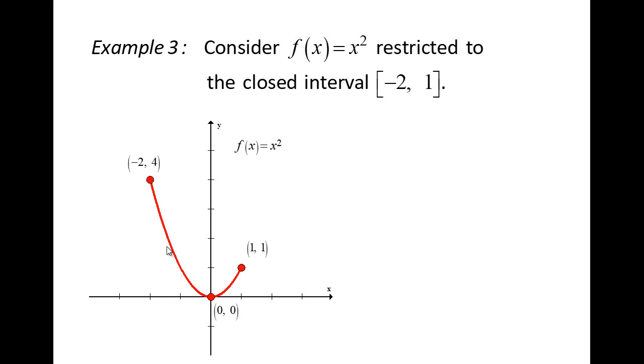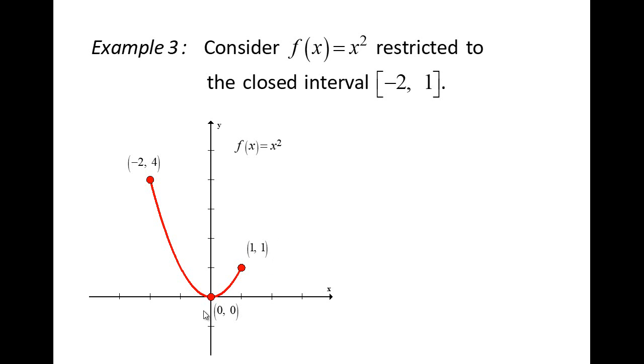Now notice that in this case, the global maximum value, so the absolute maximum of f on this interval, is f of -2, and the absolute minimum value is f of 0, because f of 0 is the least value of f on this interval.